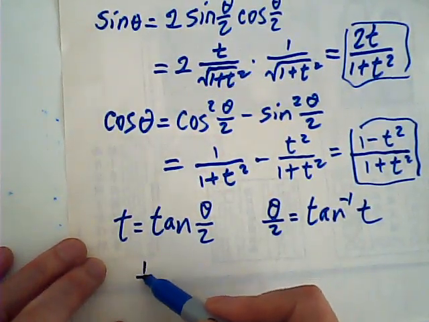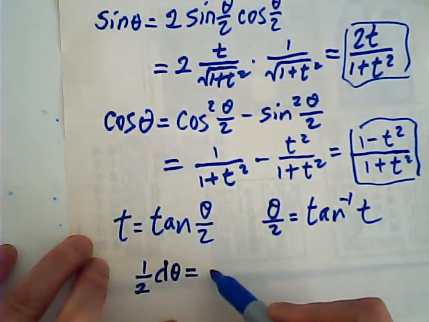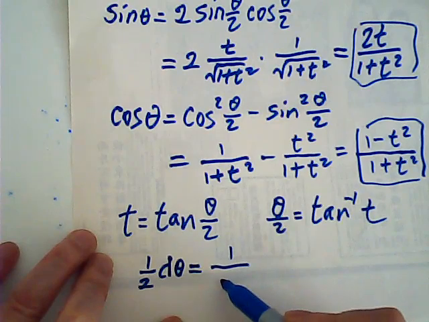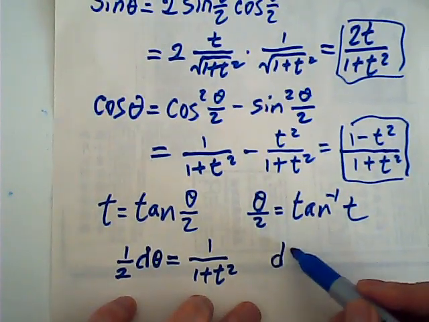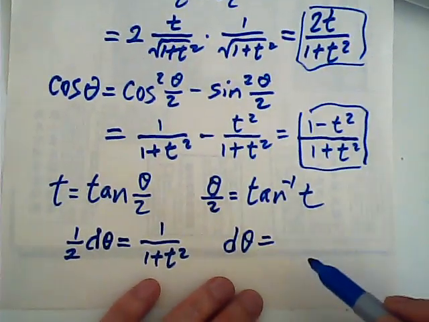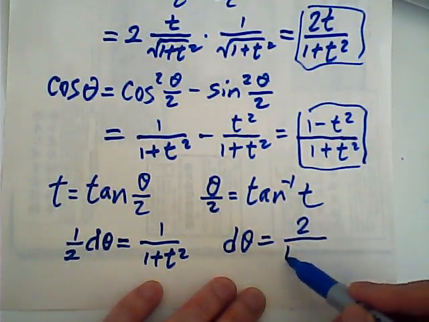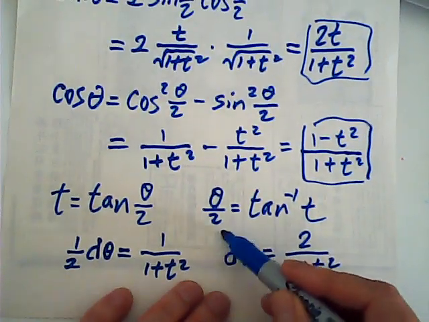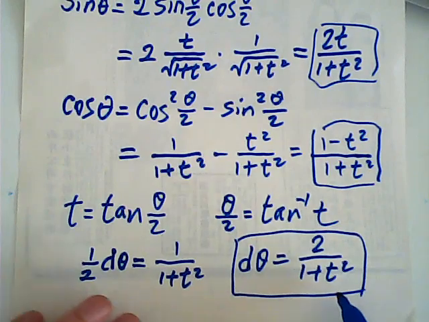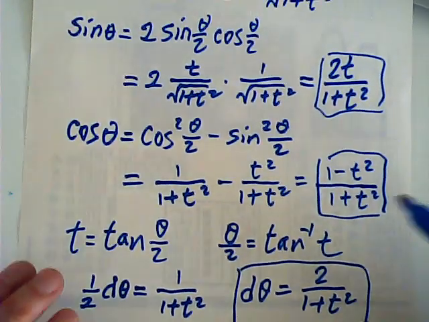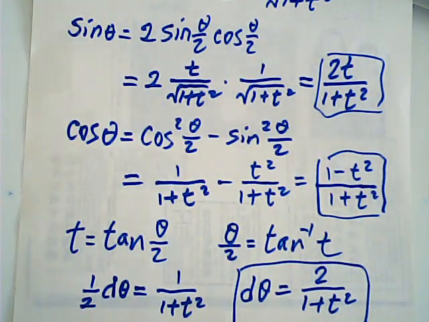So half d theta is equal to 1 over 1 plus t squared dt, right? Therefore, d theta is equal to 2 over 1 plus t squared dt. So we have this. See? We don't have to memorize the formula, but rather we can derive it easily from the triangle.